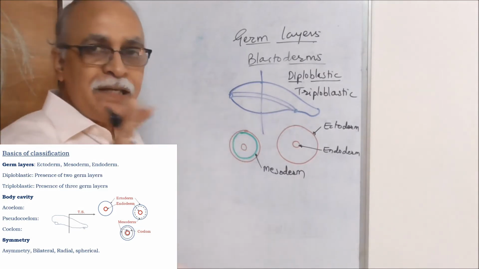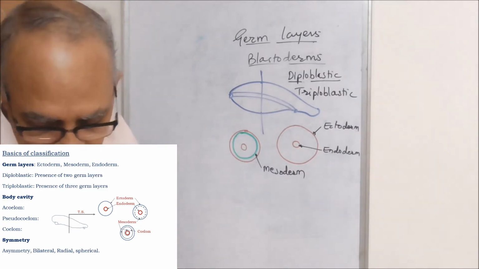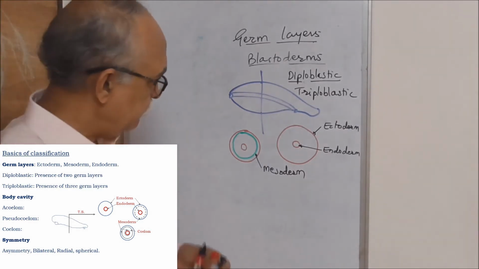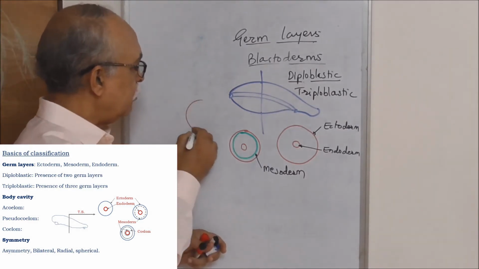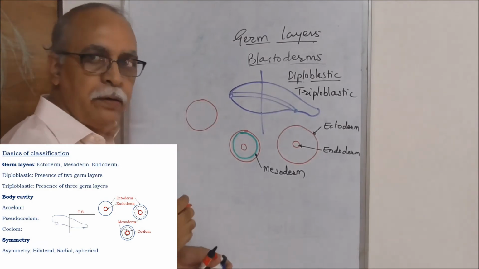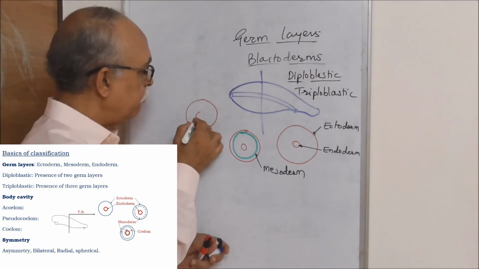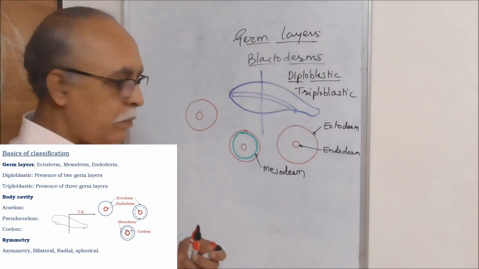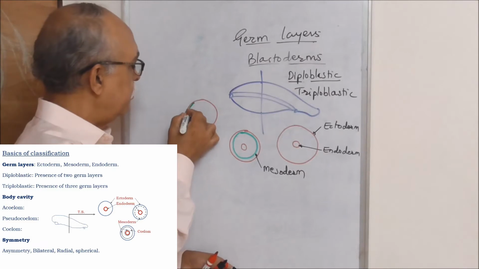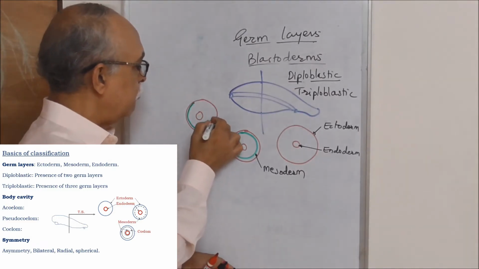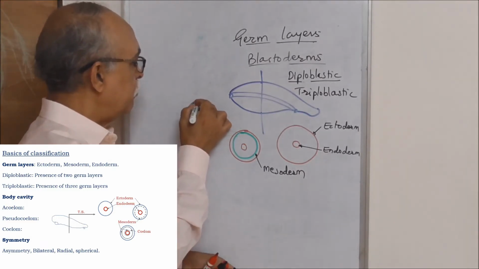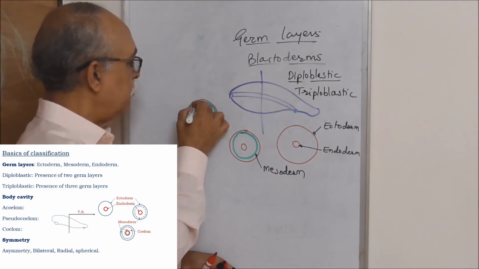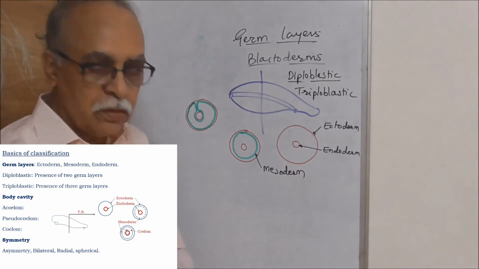But that triploblastic also has two possibilities. One is this: the outer layer, ectoderm, the inner layer, endoderm, and this is mesoderm.